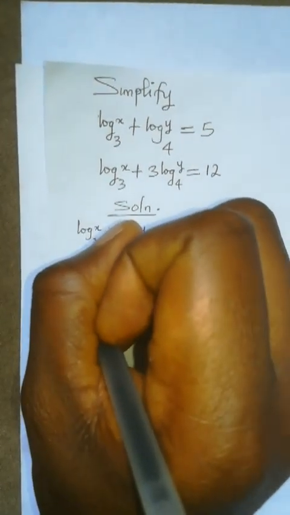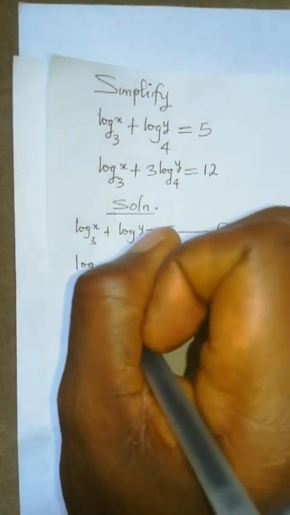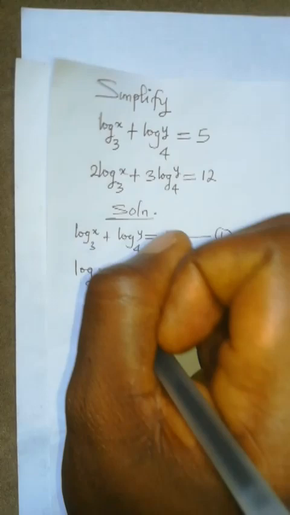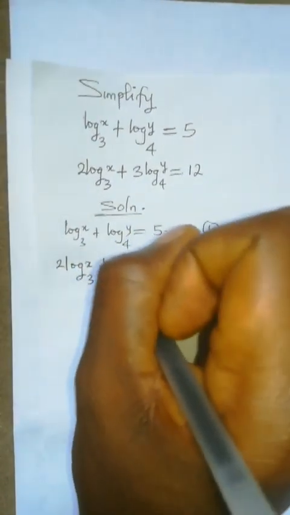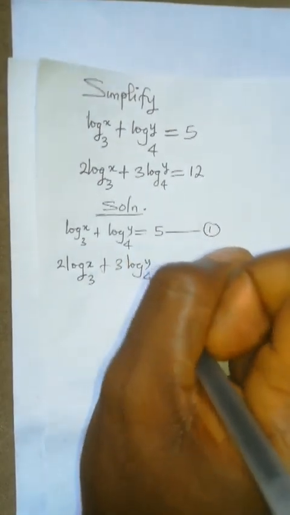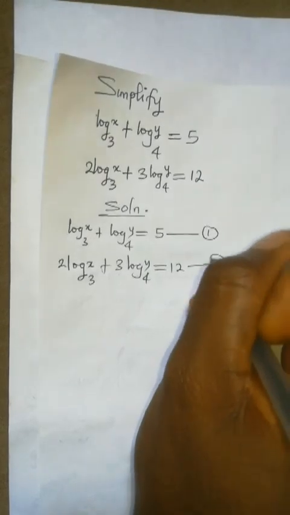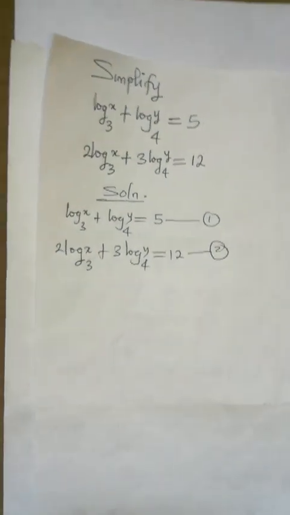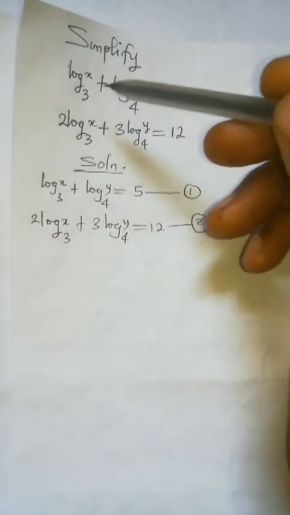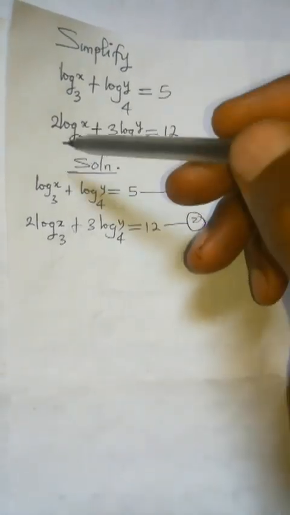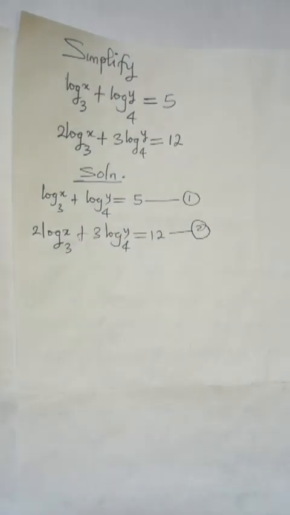And log x base 3 plus 3 log y base 4, which equals 12. Let's call this equation 2. So we have log x base 3 plus log y base 4 equals 5, and the second equation is what? 2 log x base 3 plus 3 log y base 4 is 12.